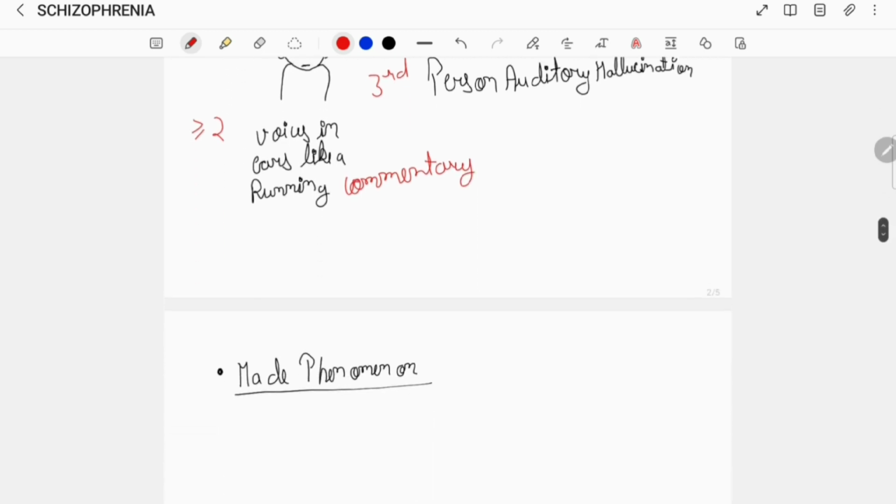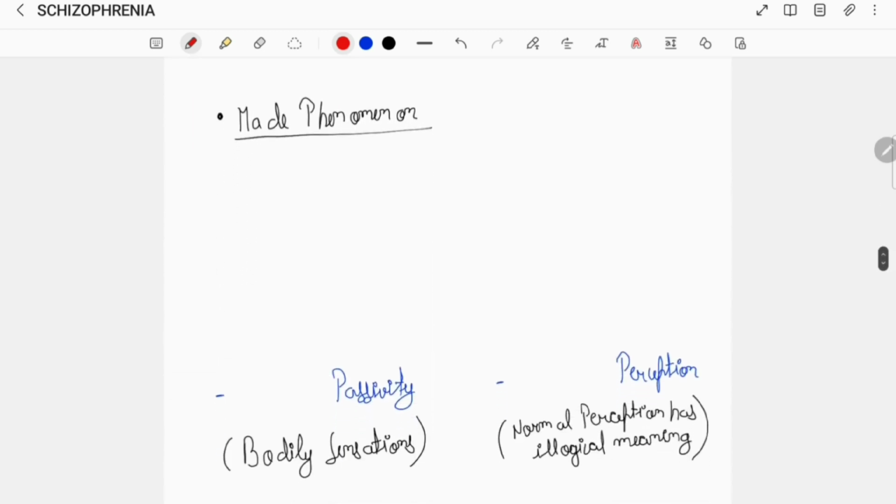Next, in first rank symptoms, we have made phenomenon, wherein the individual says that I have been made to do this. It includes feeling, action, and impulse.